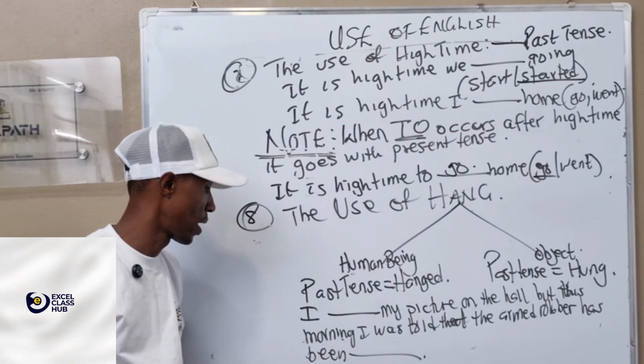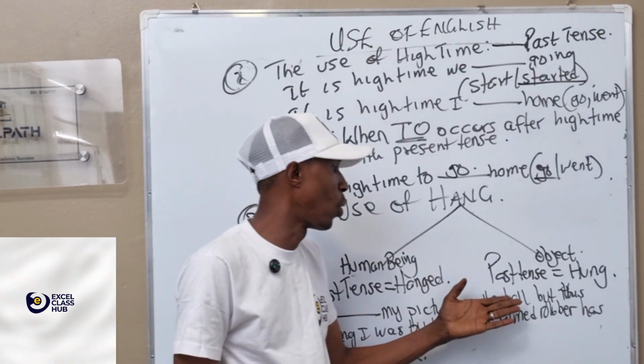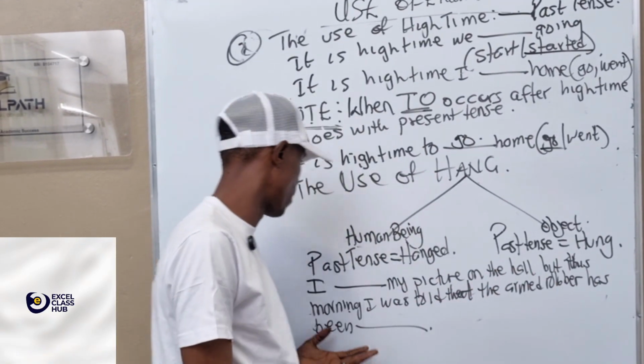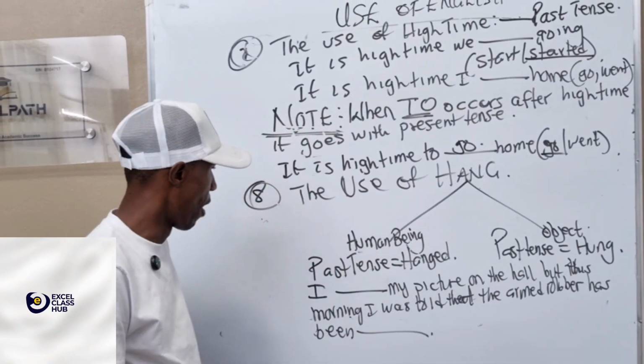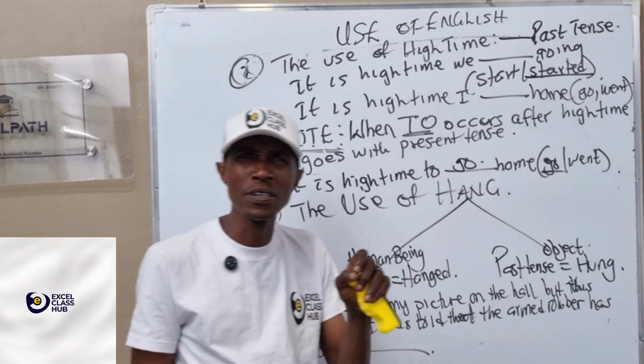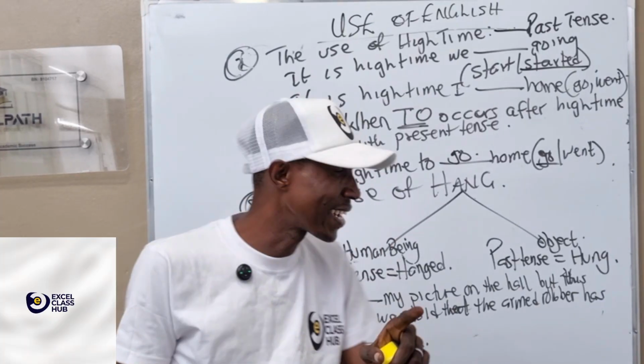Now look at this question. I dashed my picture on the wall, but this morning I was told that the armed robber has been what? Dashed. Now we are asked to put in the right word based on hang.